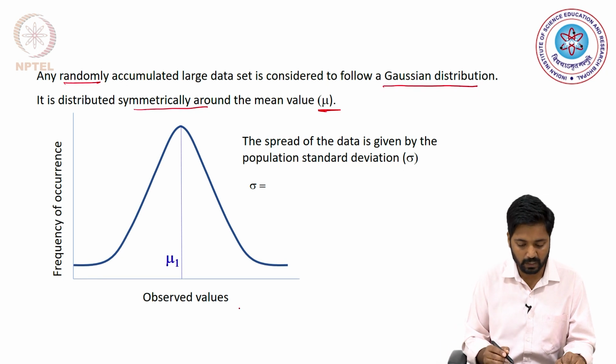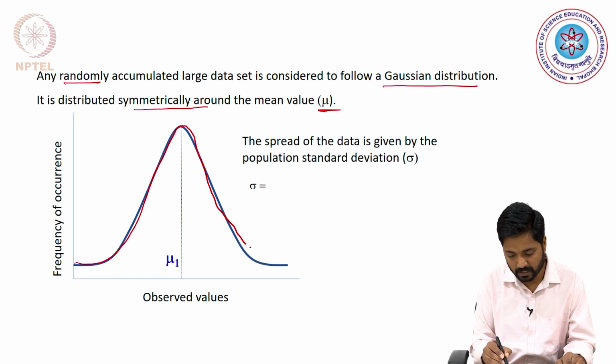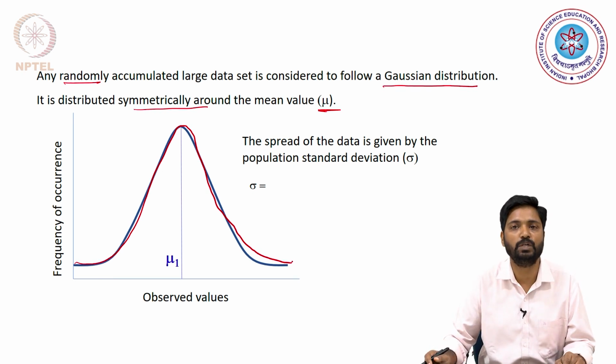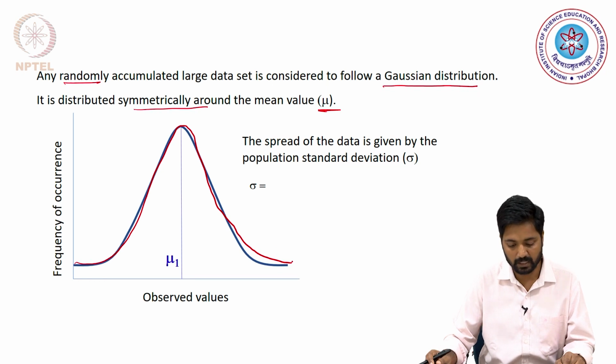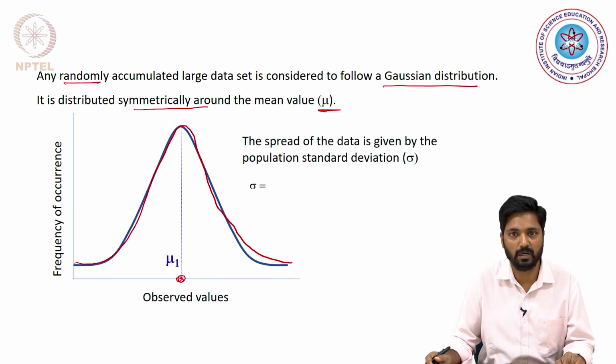For example, this profile which we have drawn here is what is known as a Gaussian profile. Now, as we can see very clearly, the data points are distributed quite evenly across the central point, which is the mean value of this data set.